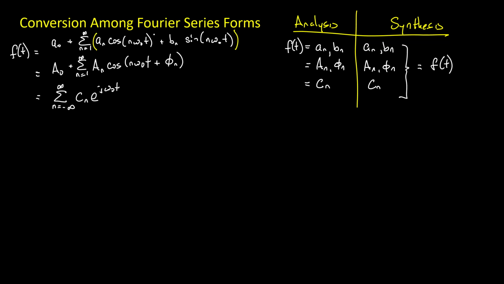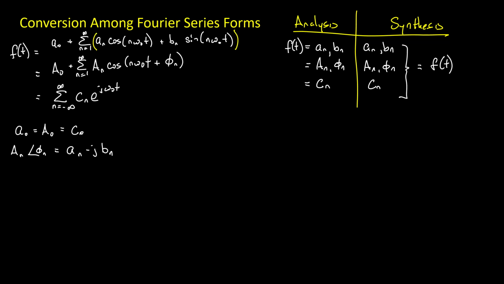Let's talk about how to convert between these Fourier series. The DC components have a very straightforward relationship among each other. Higher harmonic components do as well. If you write the polar form here in the middle as a polar complex number, it corresponds to these components written like this.